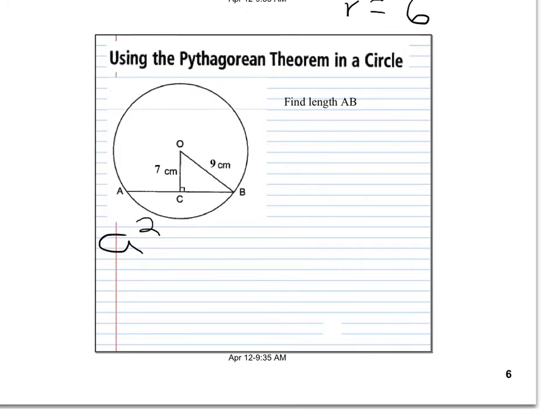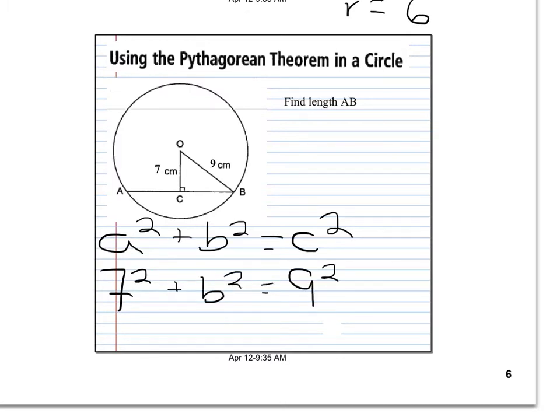A squared plus b squared is c squared. So if we call A is 7, B is that unknown length, and the hypotenuse is 9, we get 49 plus B squared equals 81.